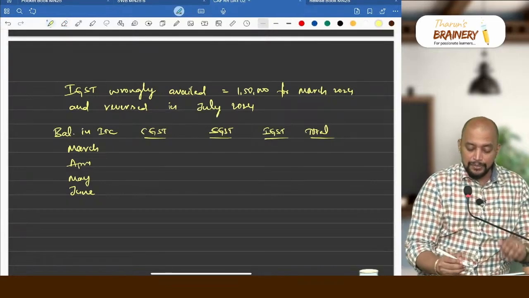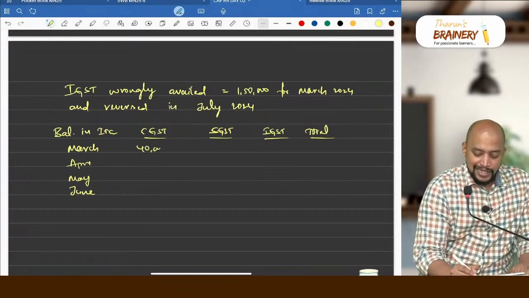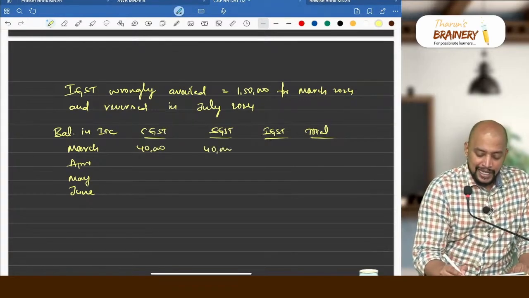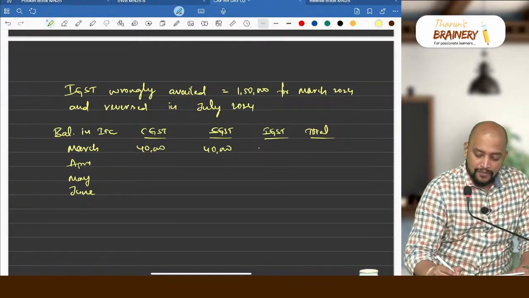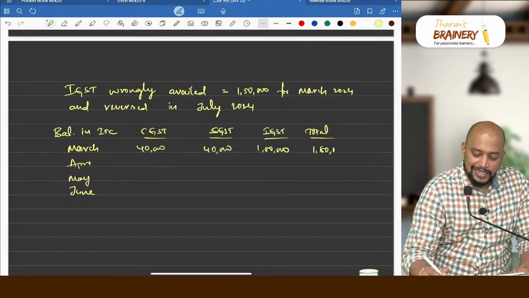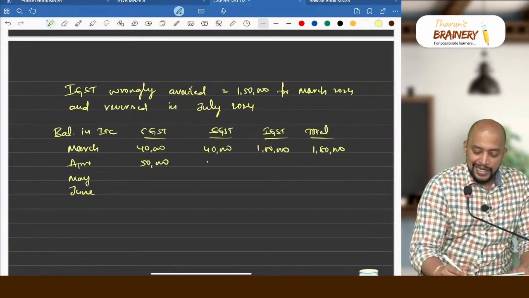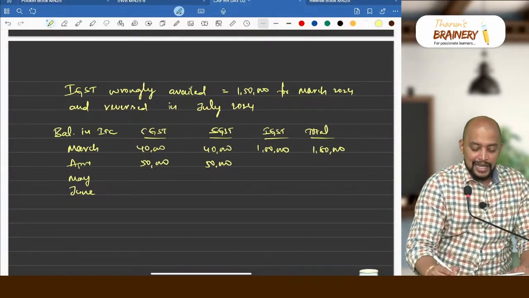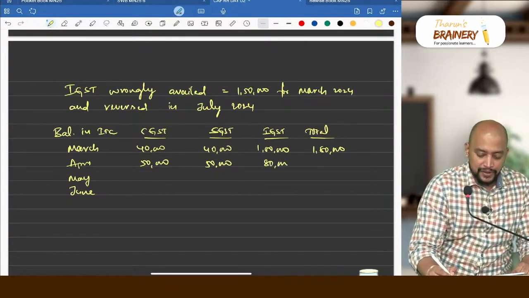So March, April, May and June: CGST if you see 40,000, SGST 40,000 and IGST is somewhere like 1 lakh, okay, and the total will be 1,80,000. Whereas April CGST 50,000, SGST 50,000 and IGST is somewhere like 80,000, okay.